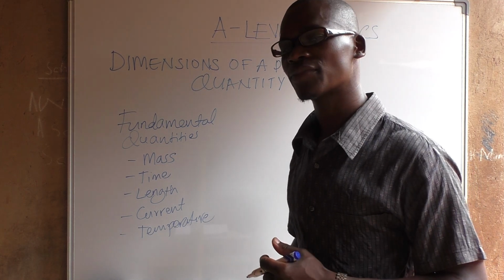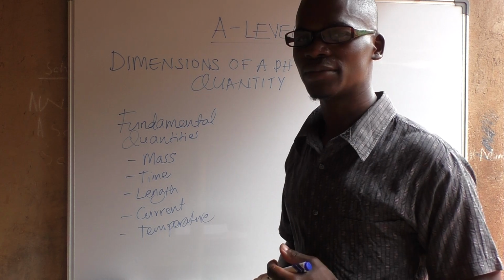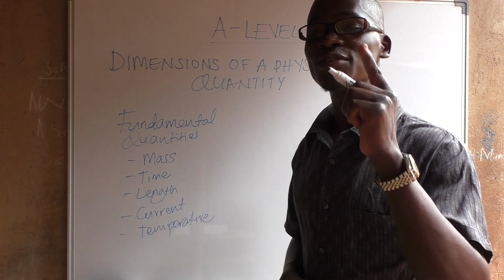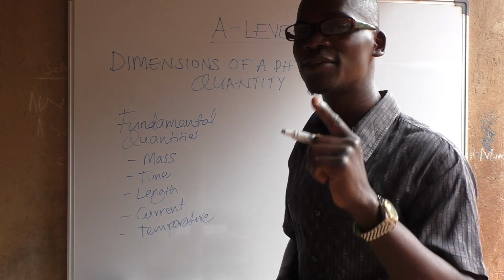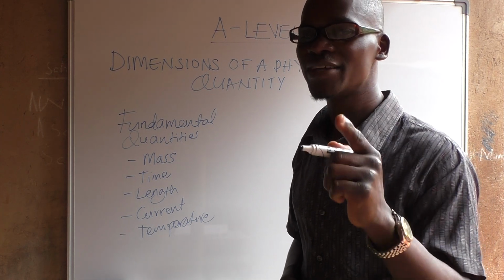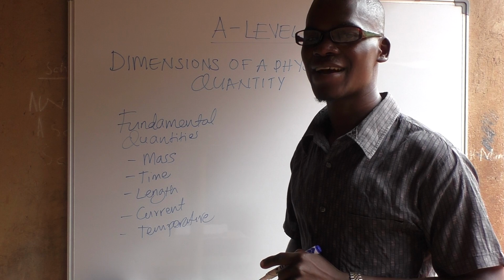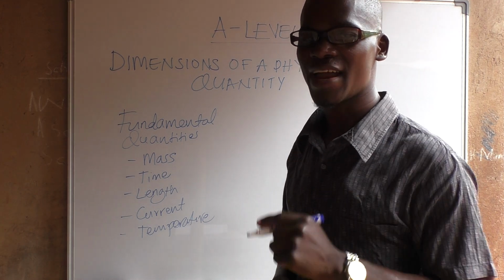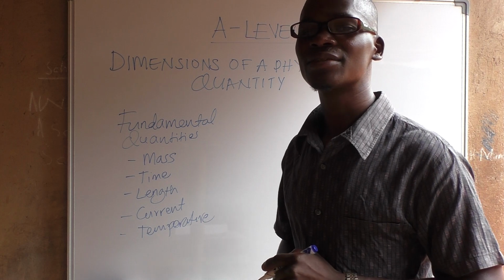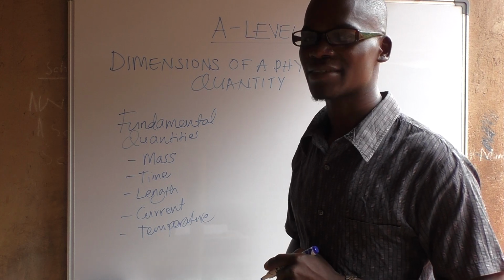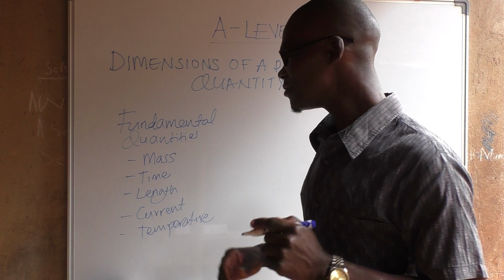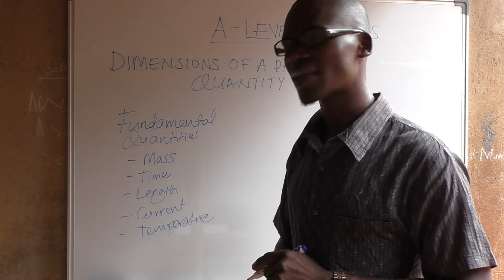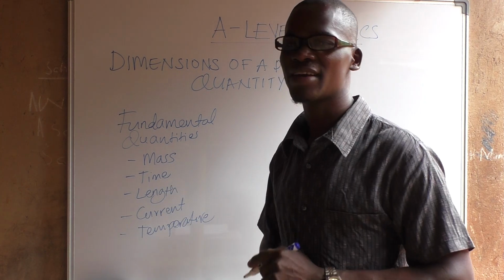For instance, if I asked you, what is your mass? There is no formula you're going to use to get your mass, apart from using an instrument to measure it. The same thing applies to time and other fundamental quantities.